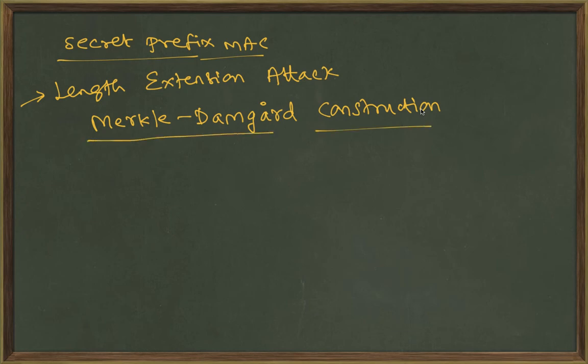Almost all the hash functions designed from the 1980s all the way to 2010 are based on this so-called Merkle–Damgård construction. People usually denote this as MD construction. Don't confuse this MD with message digest; this MD represents Merkle–Damgård construction.